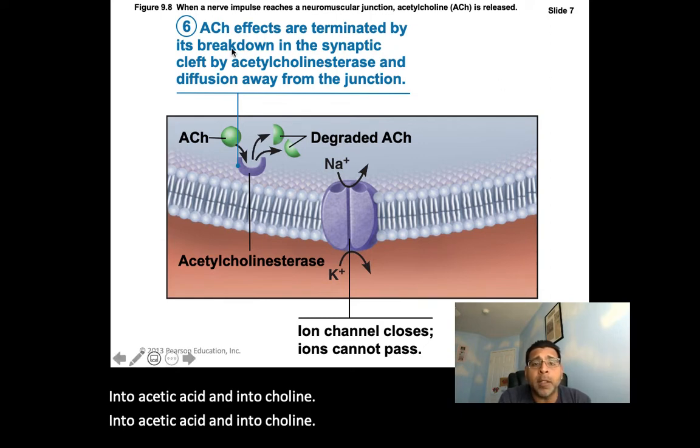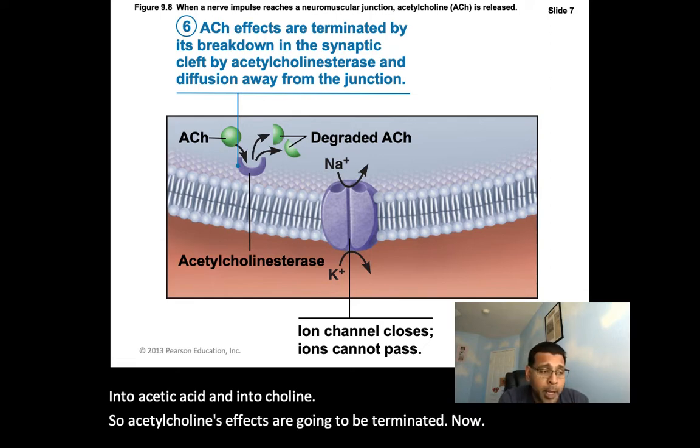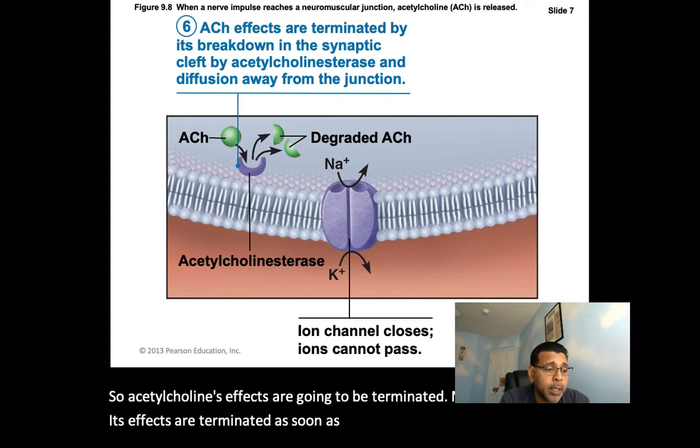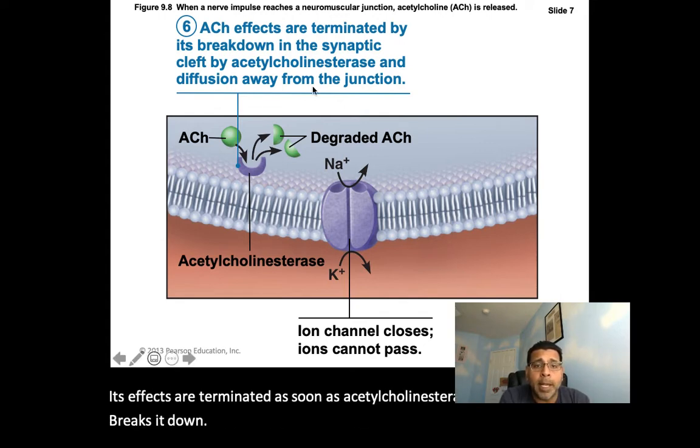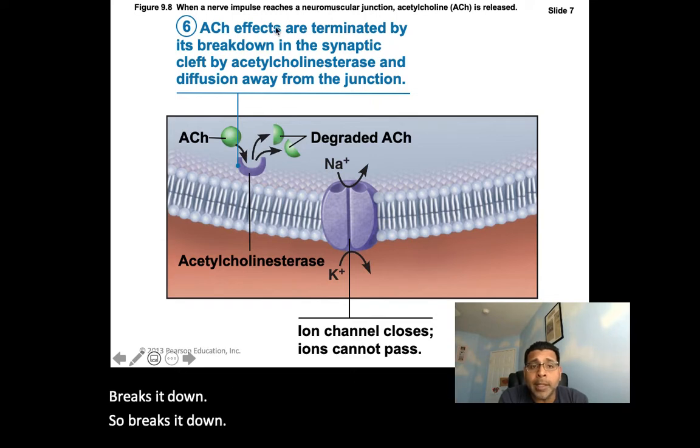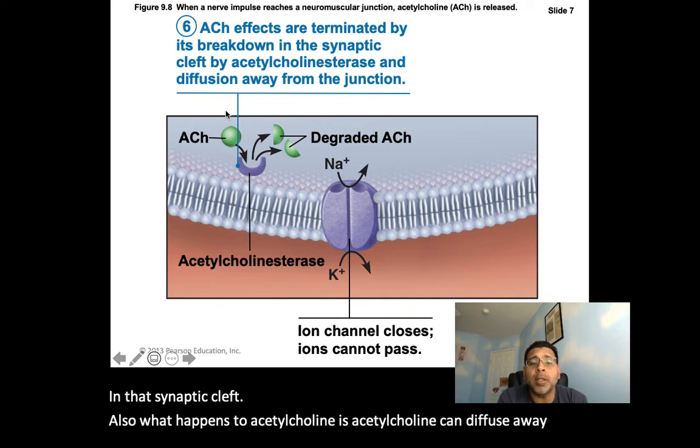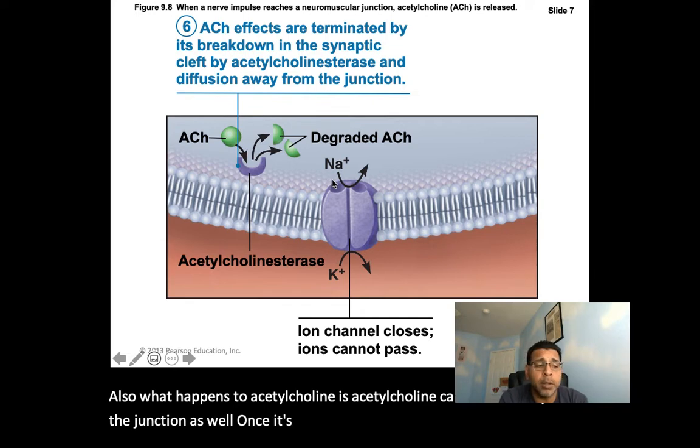So acetylcholine's effects are going to be terminated now. Its effects are terminated as soon as acetylcholinesterase breaks it down in that synaptic cleft. Also, acetylcholine can diffuse away from the junction as well once it's done whatever it needs to do.